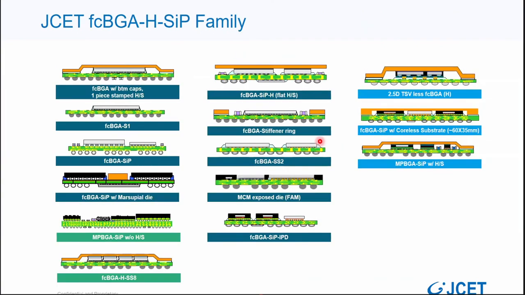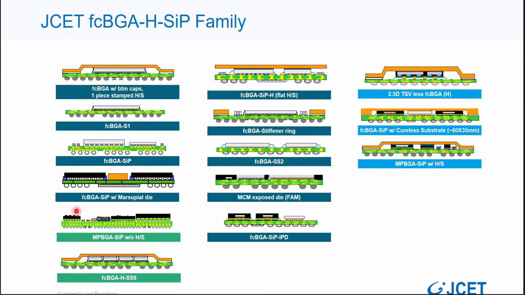So here is our FCBGA roadmap. We can make a single SOC FCBGA without lid, and also multiple die, and we can also manufacture multi-package FCBGA, including the top side and the left side.